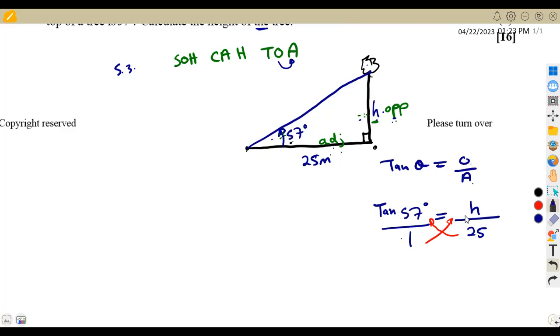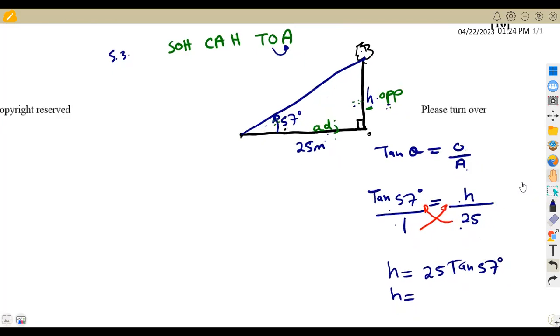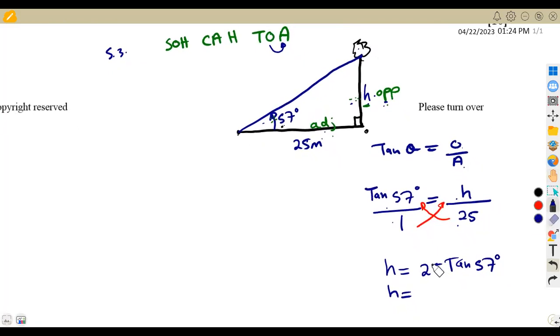So 1 times h, which is h, is equal to 25 times tan 57, that is 25 tan 57 degrees. Make sure that your calculator is in degrees. Don't evaluate with values in radians while there is a degree here. Make sure there is that D showing on your calculator.